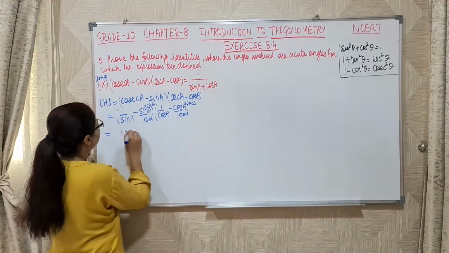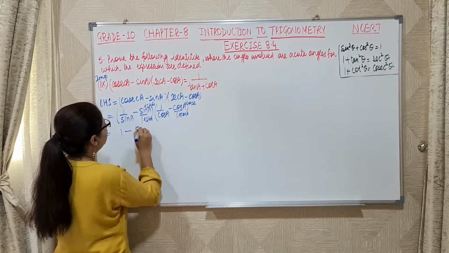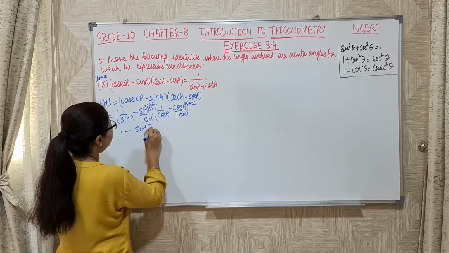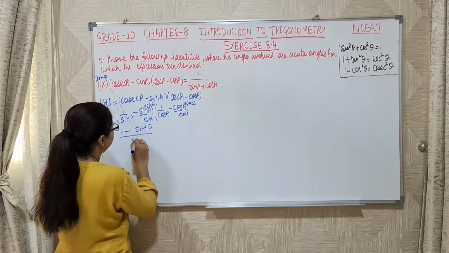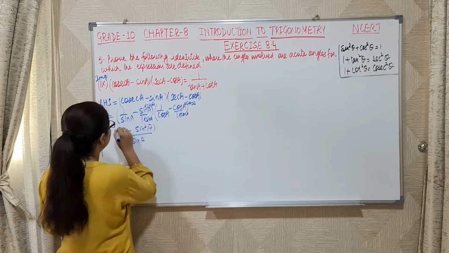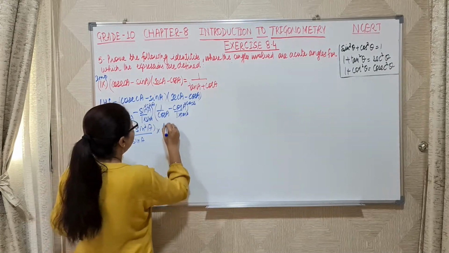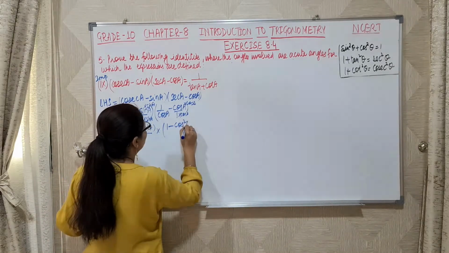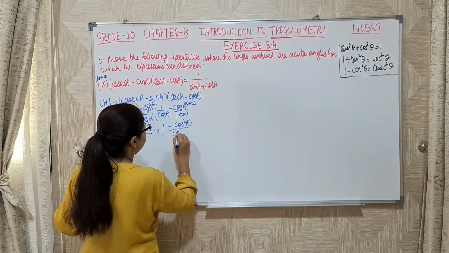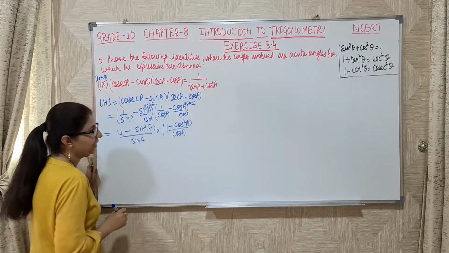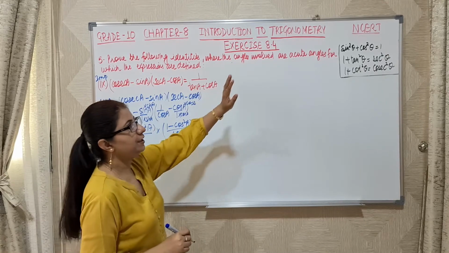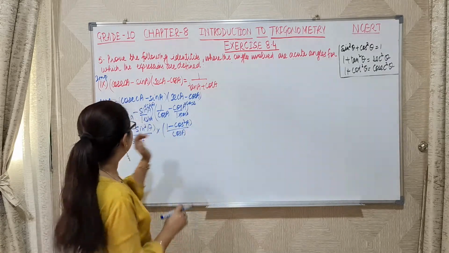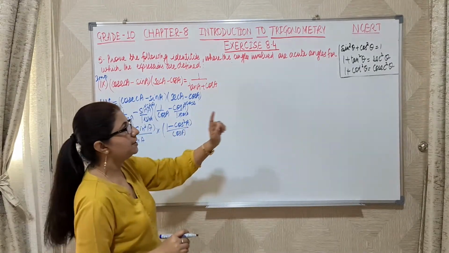So what is now in numerator? That is 1 minus sine square A divided by sine A. Okay, this is one term. Multiplied by 1 minus cos square A divided by cos A. Since sine square theta plus cos square theta is equal to 1, what is the value of 1 minus sine square theta?